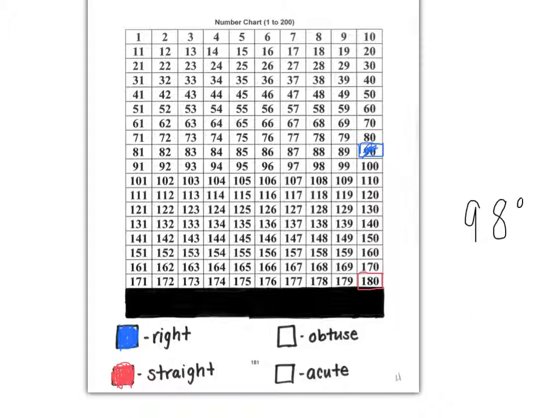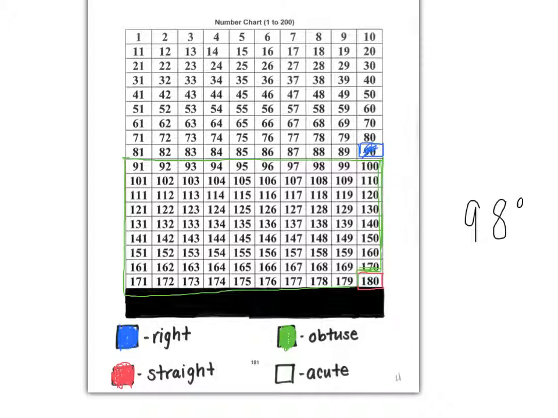Alright, the next one we're going to look at is obtuse. In an obtuse angle, I'm going to go ahead and color code mine green. If I think about the definition that I wrote down in lesson 1, it was any angle that is greater than 90 but less than 180, which means it is anywhere from 91 all the way to 179 degrees.